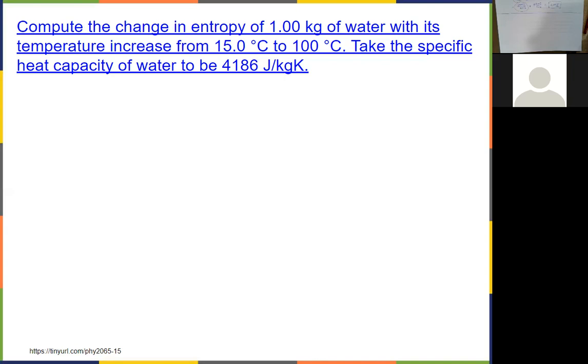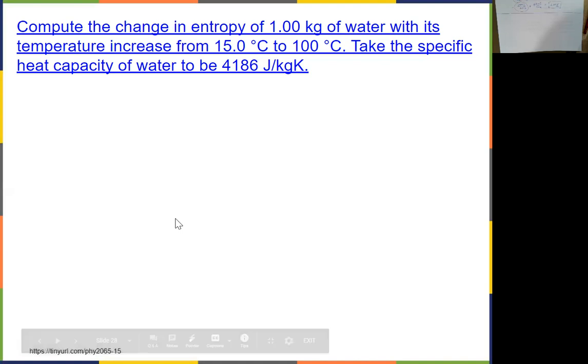Now this one is different from the one above it. The previous one, we checked the temperature of the objects is not changing. In this case, the temperature of the water is actually changing. And we are just checking on the change in entropy of the water.